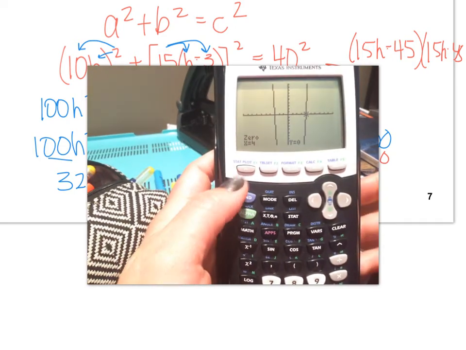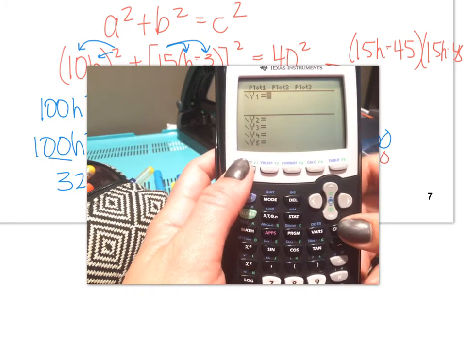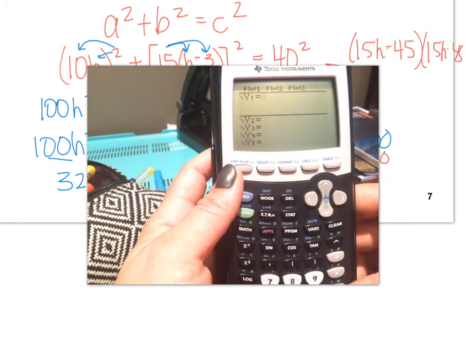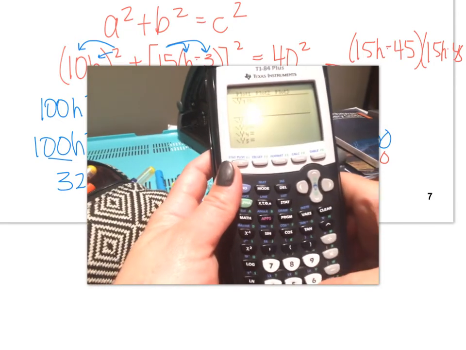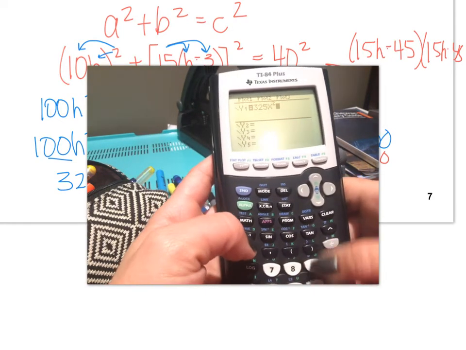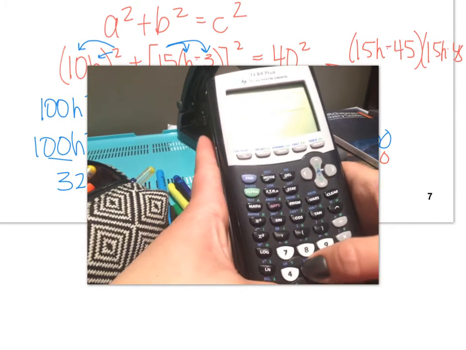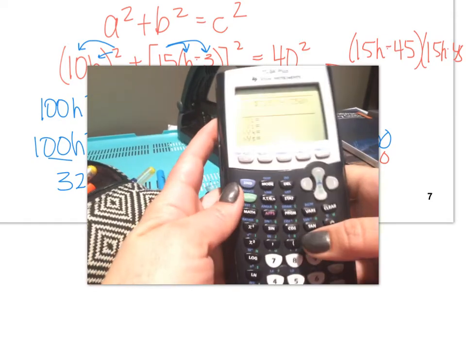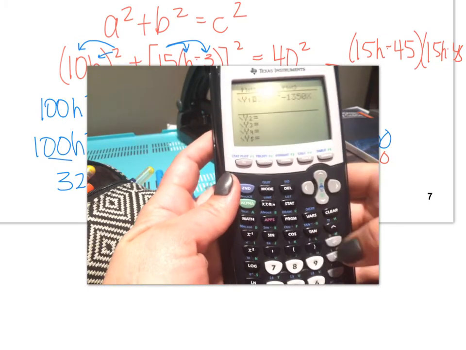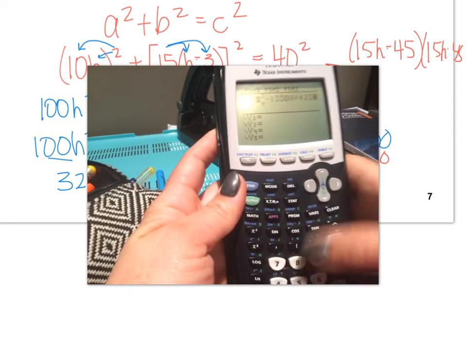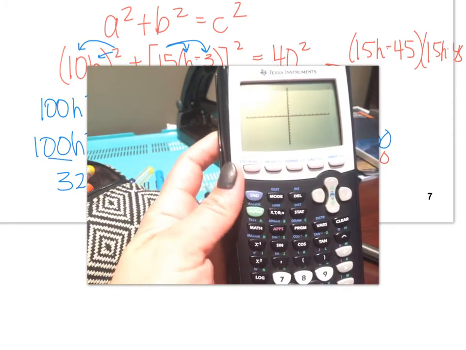All right, so hit your y equals, hit clear, type in your equation. So 325x squared minus 1350x plus 425, and then hit graph.